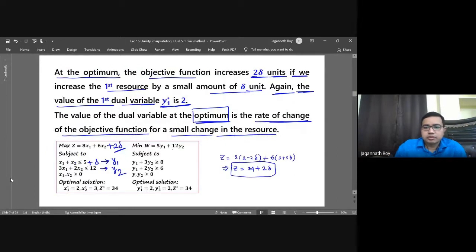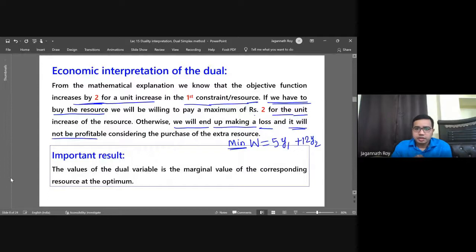Now at the optimum level, these variables are 2. For some other problem, it can be 3 or 4 or some other numbers, but for this time, let us consider this problem. If you are spending 3 or something, for example 5, it will increase your cost. We wanted to minimize the cost, but if you pay more than 2 rupees, then you will be making a loss.